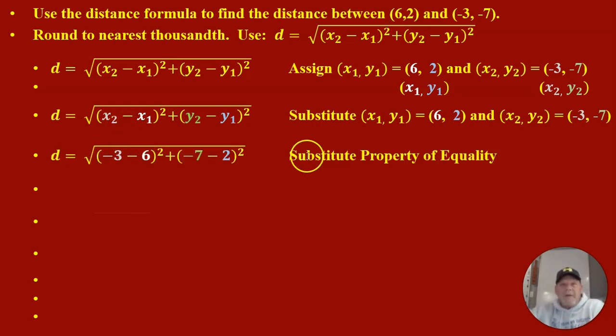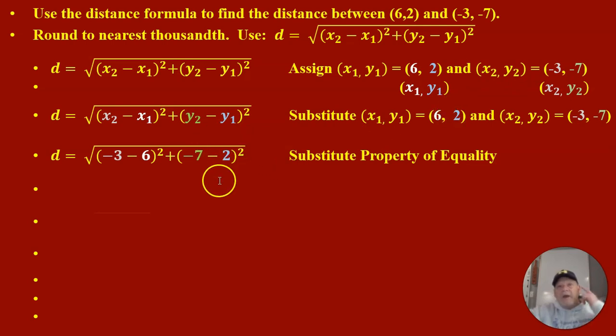So I substitute. My x2 is -3. So I put my -3 here, minus my x1, and x1 is 6. Put parentheses around that and square it, plus negative 7 minus 2, because I've got my y2, which is negative 7, minus my y1, which is 2.